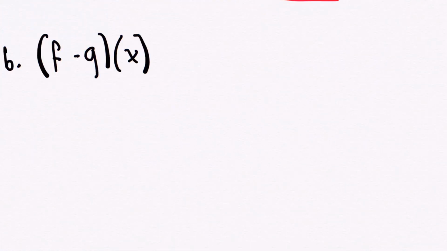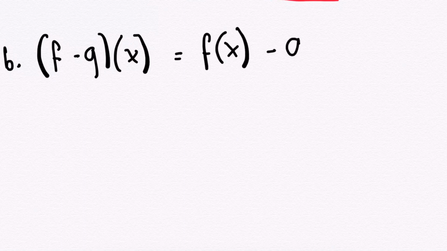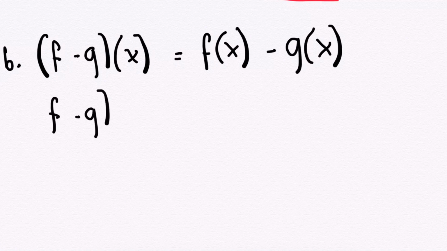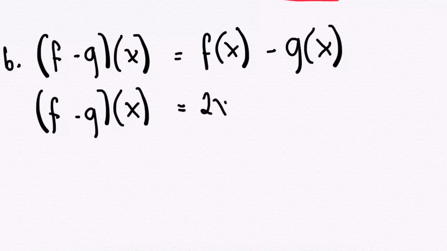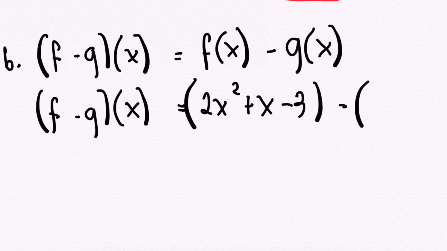Letter B. We have f minus g of x, and that is equal to f of x minus g of x. F minus g of x is equal to 2x squared plus x minus 3 minus x minus 1.